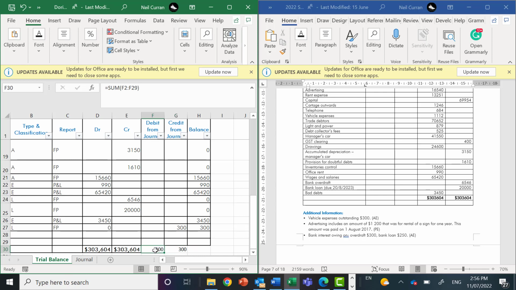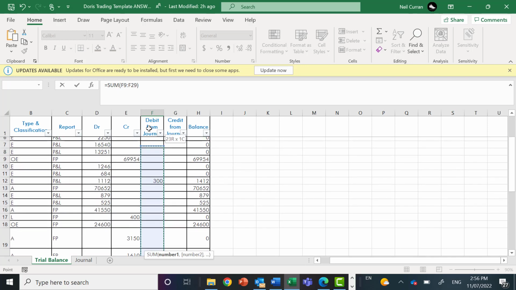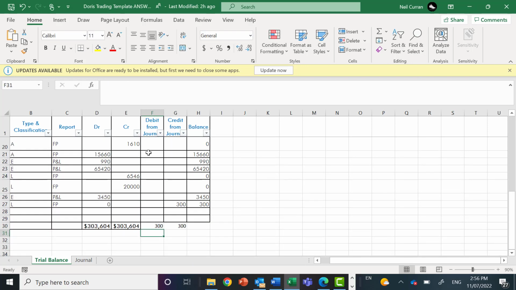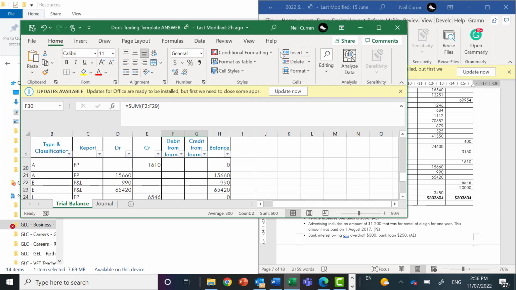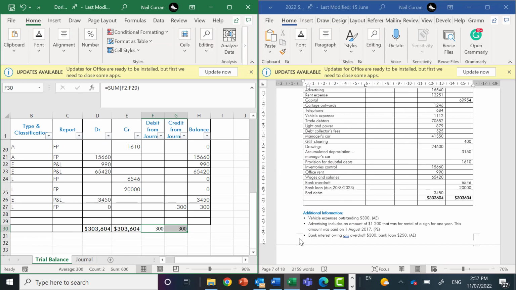To get this, insert a row and then use your auto sum function, which is up here, and then highlight all of the column for debit from journal, press enter, and then with this little box drag it across. And that is our first journal done.